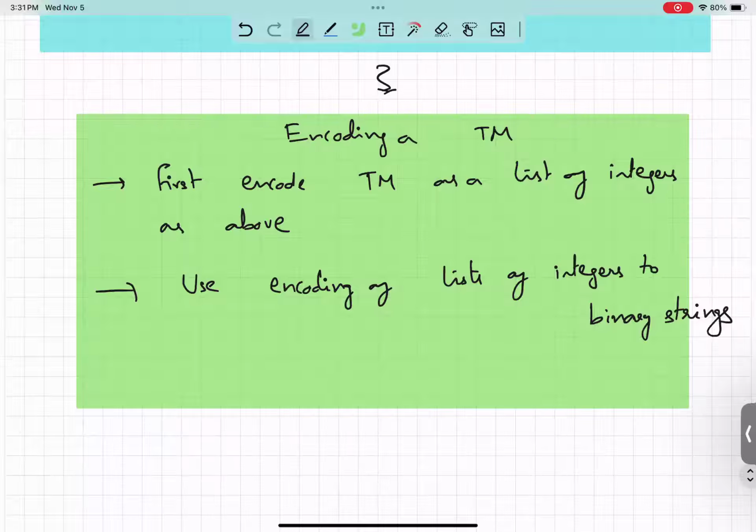Okay. We know how to do this. We can get a prefix-free encoding of integers, concatenate all of them, and that would do it. All right, so we've done this many times.